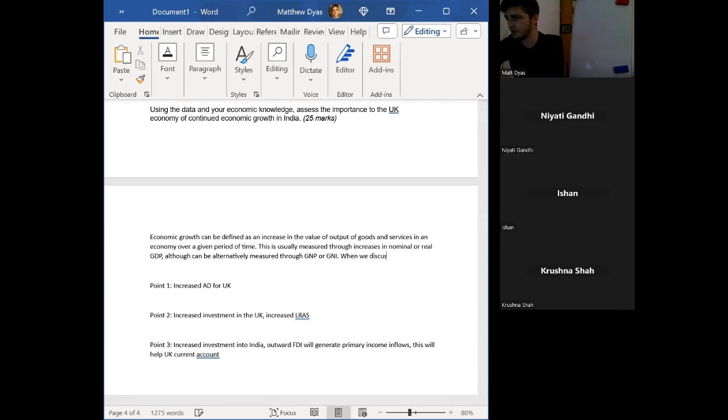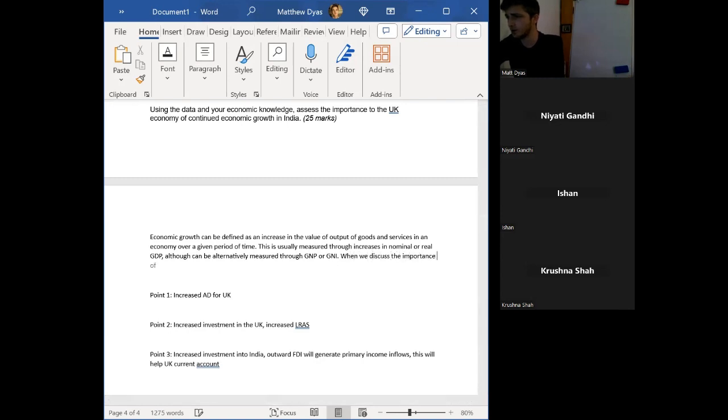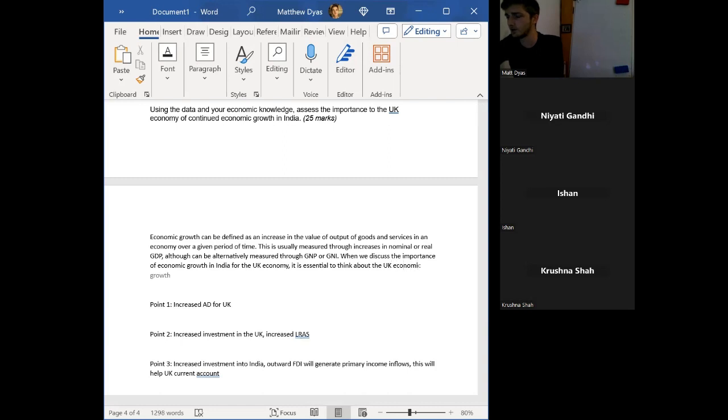When we discuss the importance of economic growth in India for the economy, it is essential to think about the UK economy's objectives.